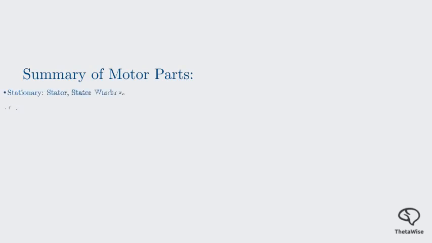The stator windings are the coils that generate the rotating magnetic field. So, to summarize this scene, we have successfully identified the major parts of a three-phase induction motor: the stationary stator and its windings, the rotating rotor and shaft, and the supporting components like end shields, bearings, terminal box, and cooling fan. Now let's examine the two main components in more detail, starting with the stationary part.